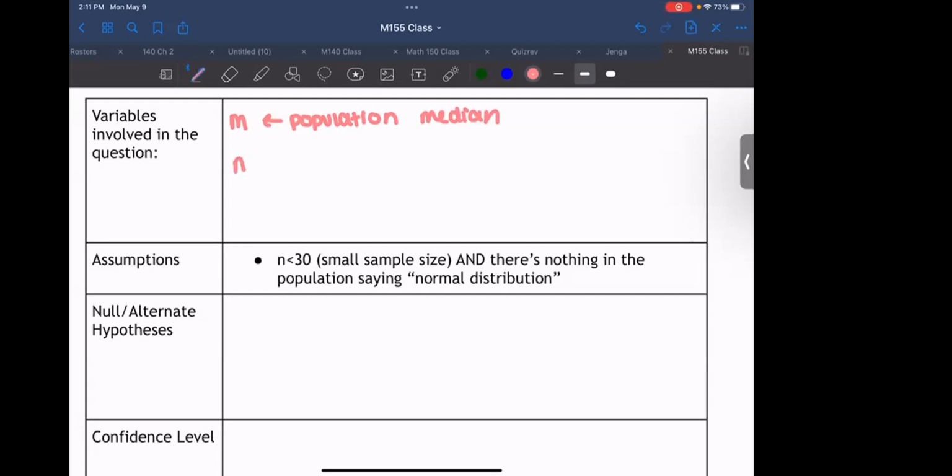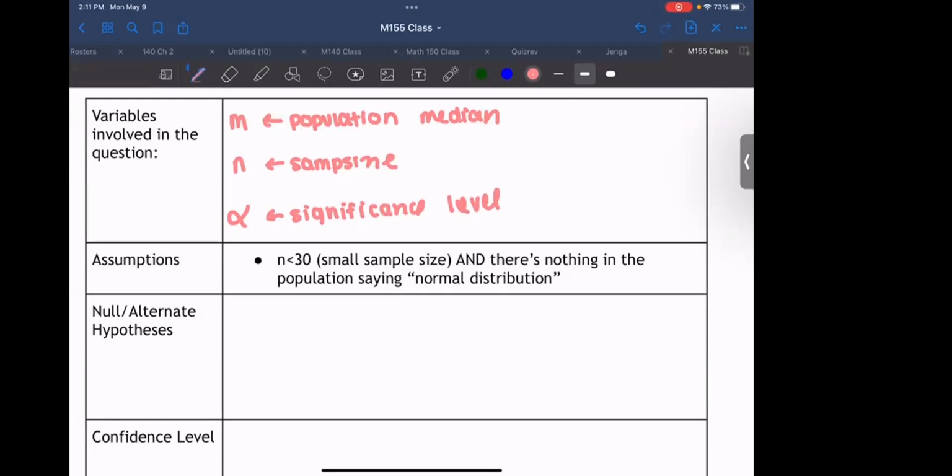So n is our sample size. And we're also going to be given alpha because this is hypothesis testing. We always need this significance level.